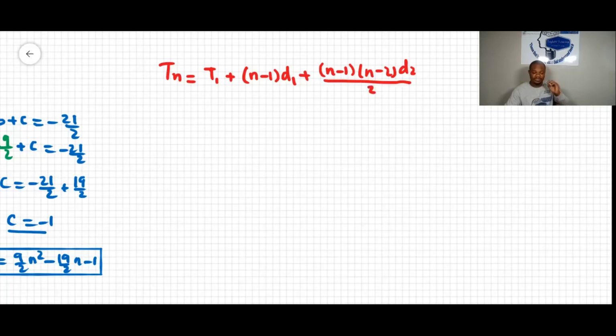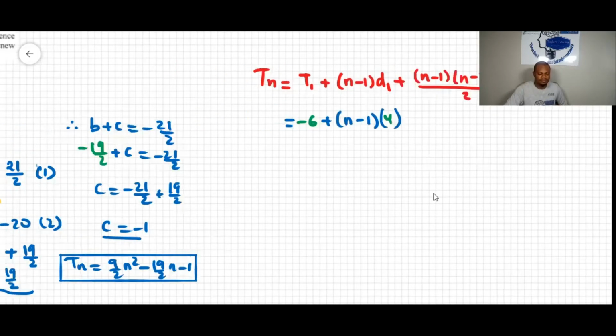Now we sub in the values we know. T1 is -6, so it's -6 plus n minus 1 times d1, the first difference, which is equal to 4.